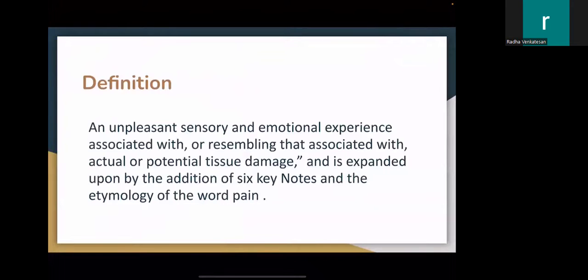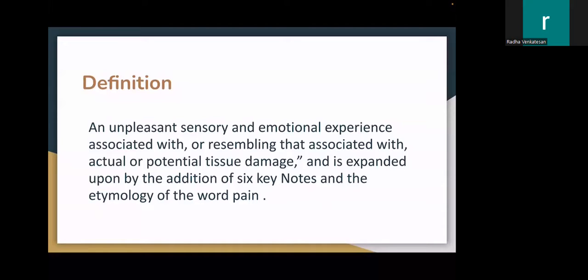The International Association for the Study of Pain had initially given a definition in 1979, which was in practice. But recently, in July 2020, they revised the definition after careful consideration with a big team for about 2 years. They came up with a refined definition, adding 6 keynotes.